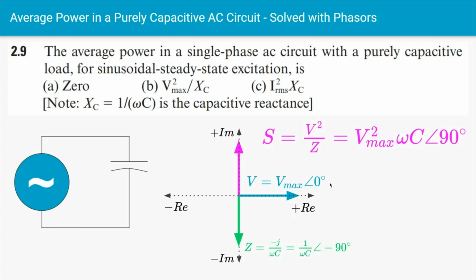And then if you multiply these two phasors, you add their angle together. Well, the angle is 0. So when you add this plus another, the angle stays 0, but the V max is squared.